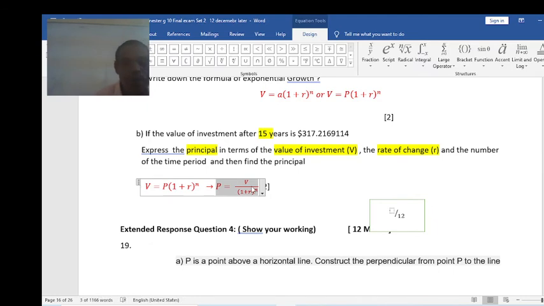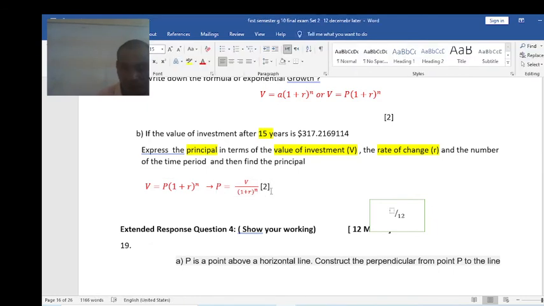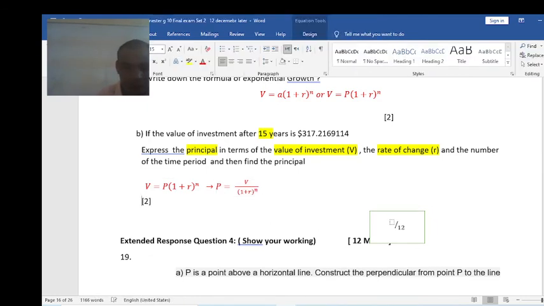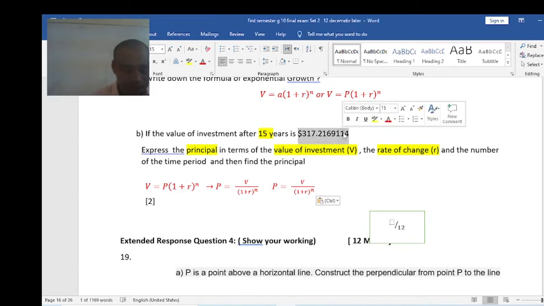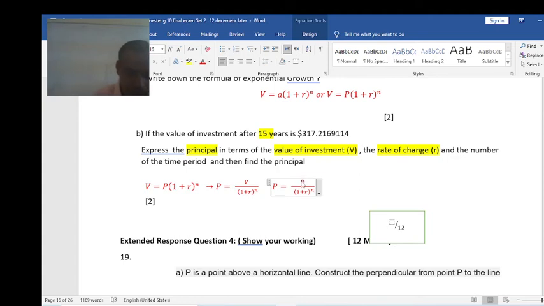Copy and complete. Then, therefore, now we move to substitution. V is this one. 1 plus R, my learners, is 0.08.